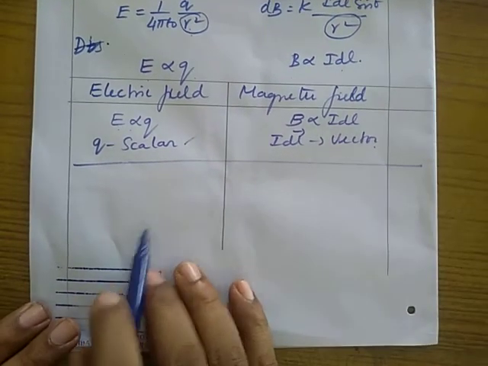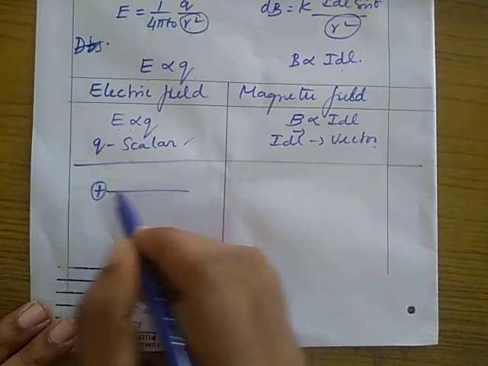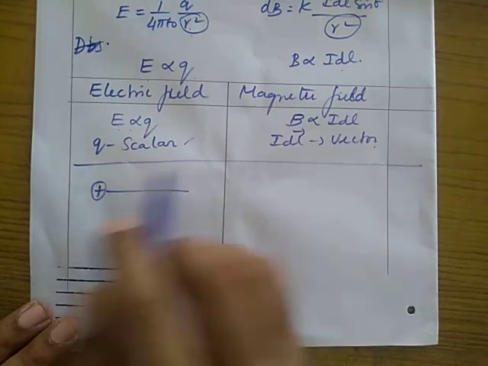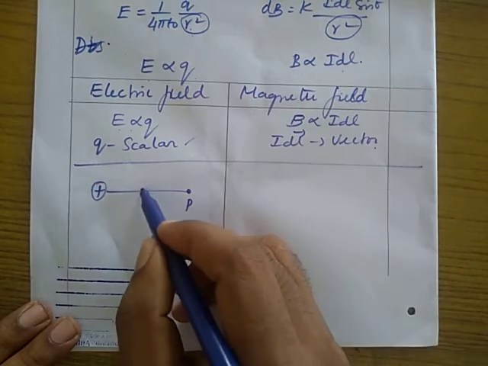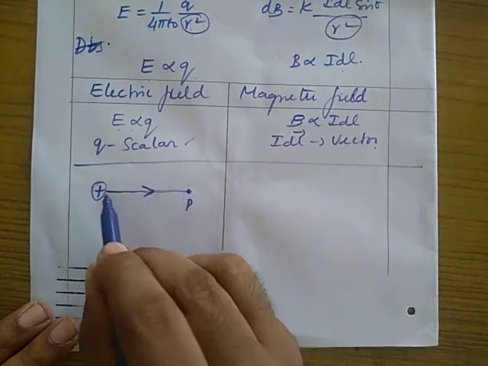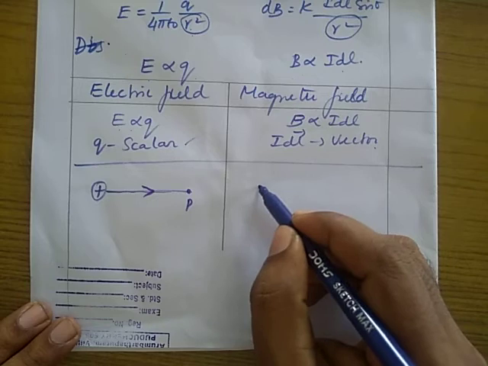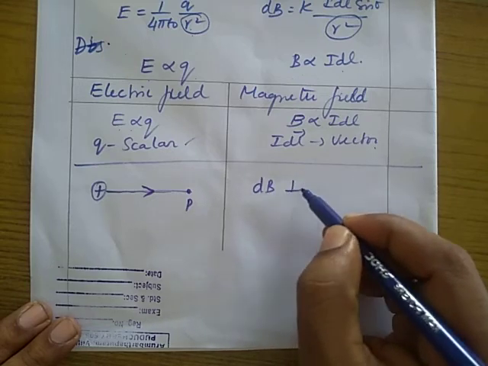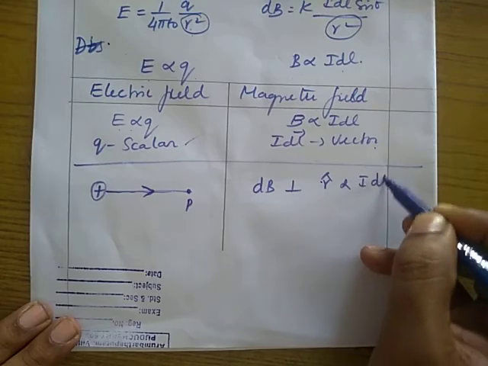The direction of the electric field is always along the line joining the source and the point where the electric field is calculated. The direction of the magnetic field is always perpendicular to r cap and the dl vector.